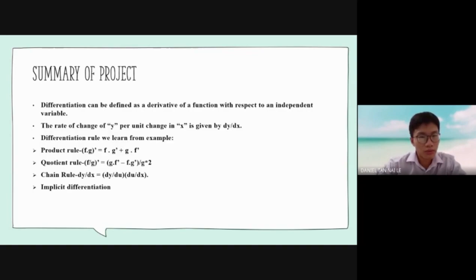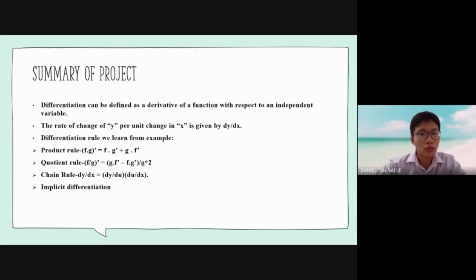If the function is a product of two functions f(x) and g(x), the derivative is (fg)' equals f times g' plus g times f'. So this is the product rule.